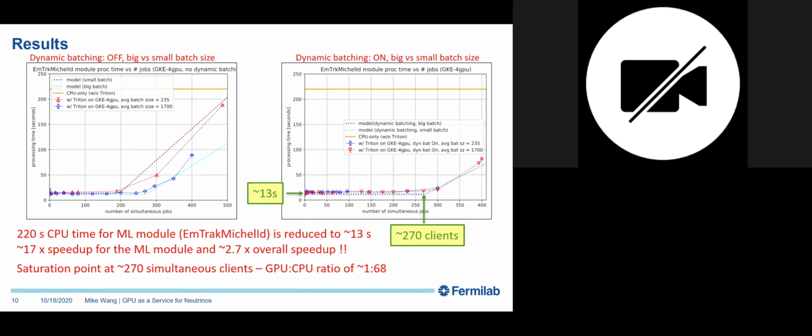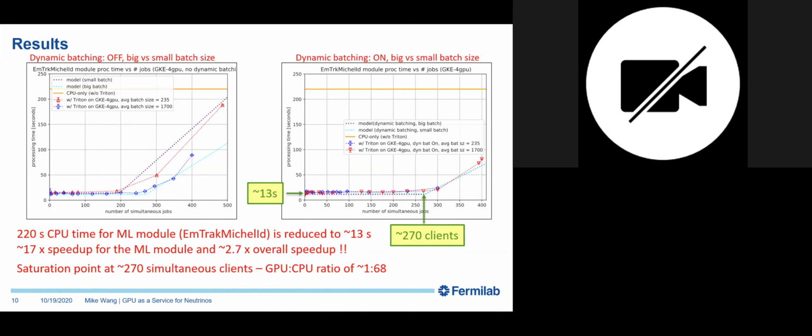So we ran the reconstruction workflow on Fermigrid worker nodes, anywhere from 1 to several hundred simultaneous jobs. And here we plot the processing time for the machine learning module as a function of the number of simultaneous jobs.